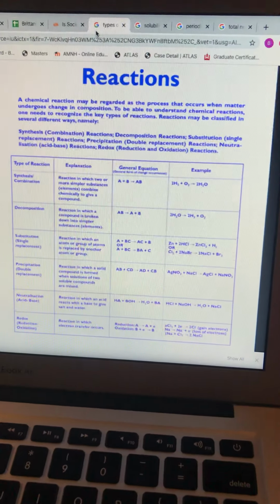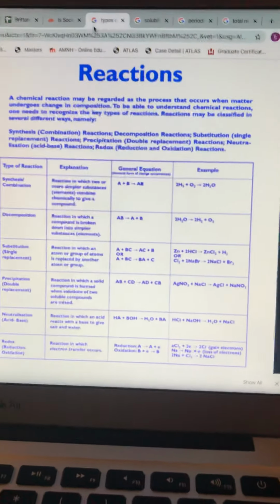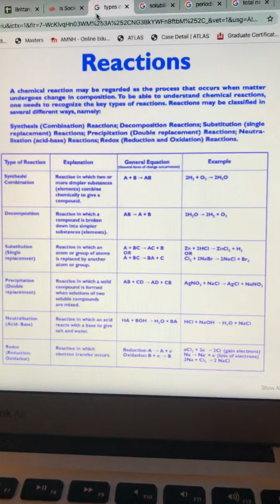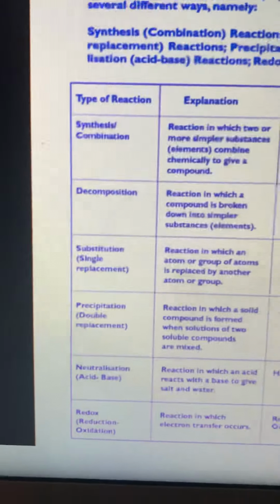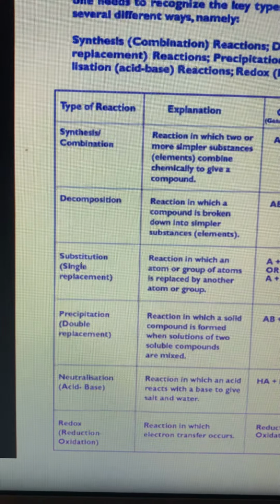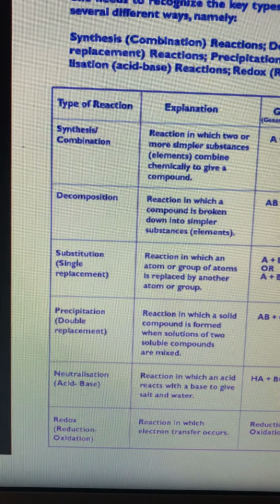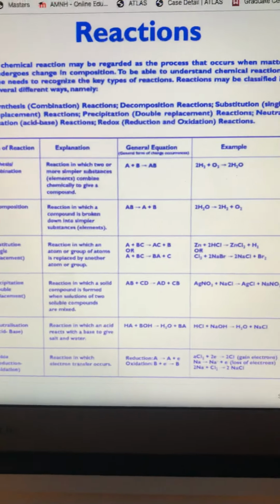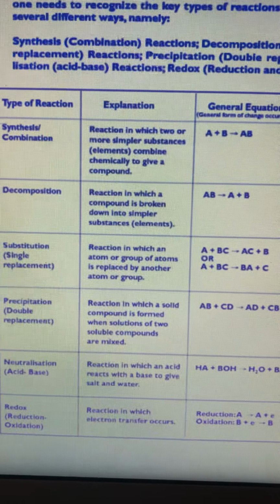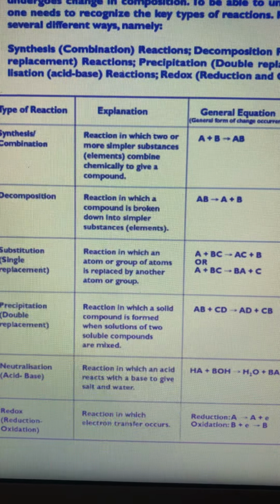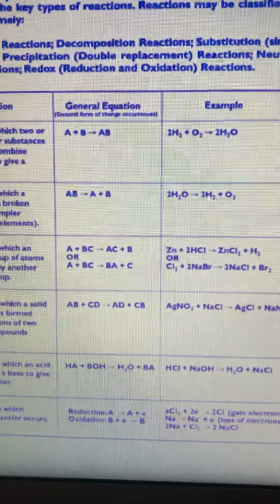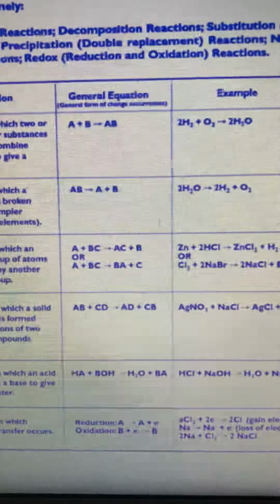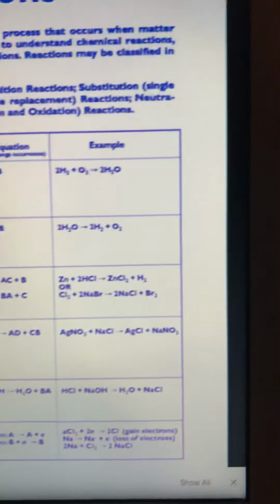I typed in types of reactions in Google, went to Google Images, and they have a ton of tables. But any of these tables pretty much would work. It gives you the types of reactions: your synthesis, your decomposition, single replacement, double replacement, your acid base, and your redox, which is what we just talked about. It gives you an explanation.